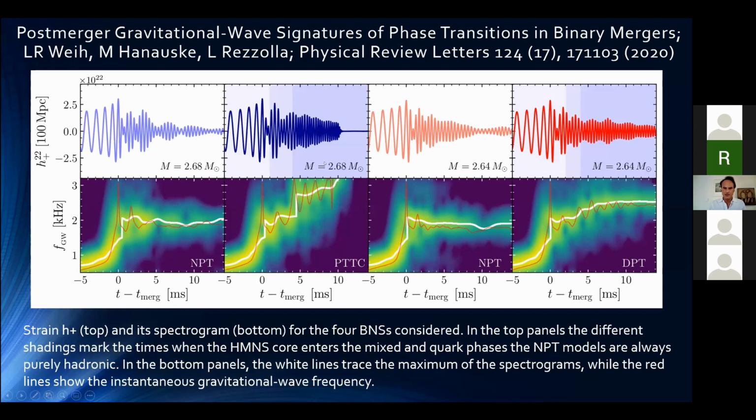If we look at the simulation with a little bit higher mass, we see the same, but here it collapses to the hybrid star, giving a higher frequency here, but then it collapses to a black hole here.